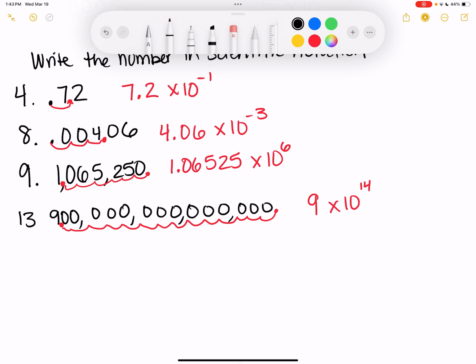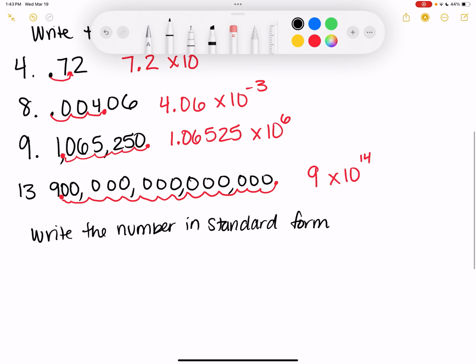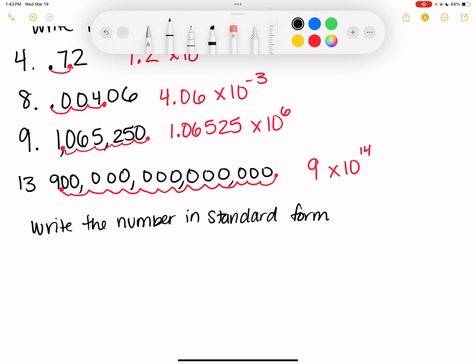All right, the next ones want us to write the number in standard form, so we're going to be working backwards. These ones they mix up, so I can actually do even ones on this set. Number 16, 2.6 times 10 to the third.